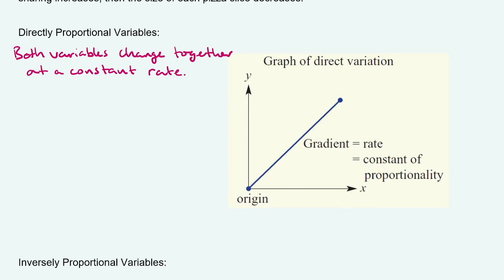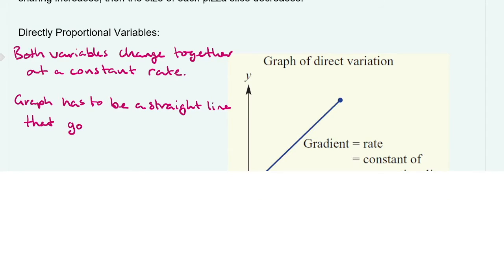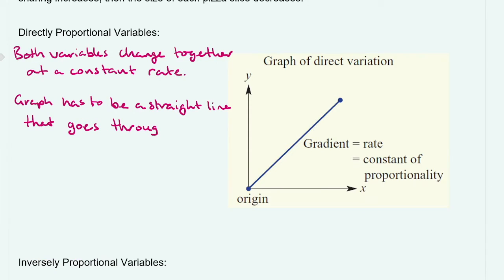Now to be able to get this, we do have to have a straight line. So the graph has to be a straight line, and it has to go through the origin.